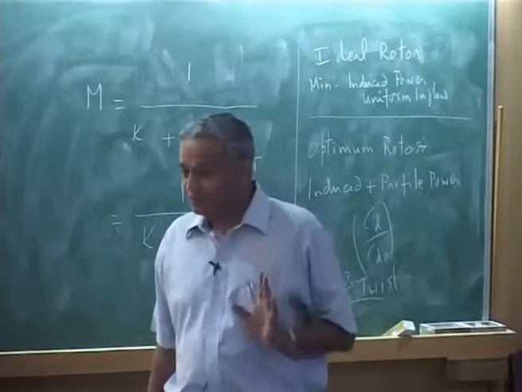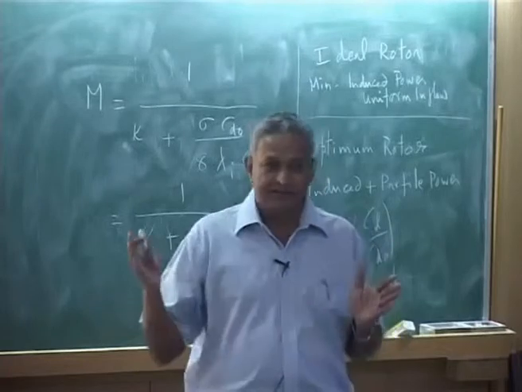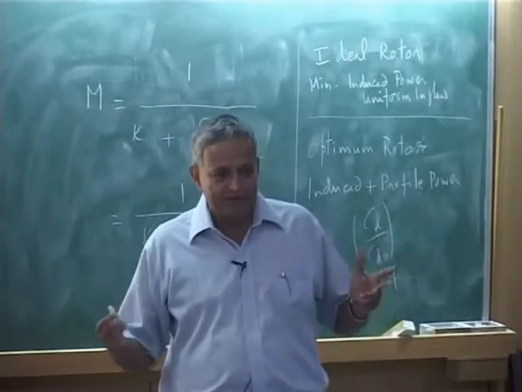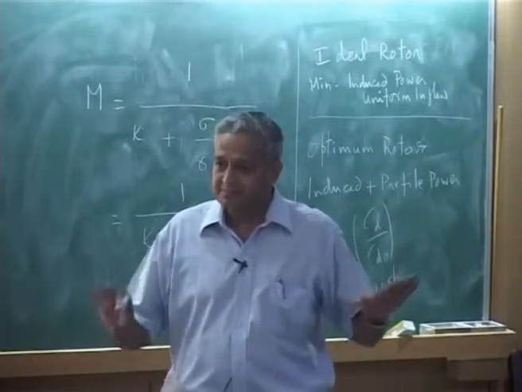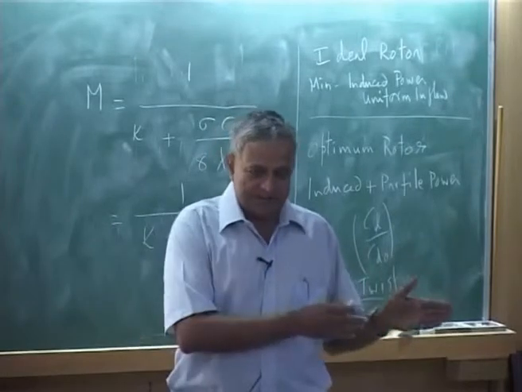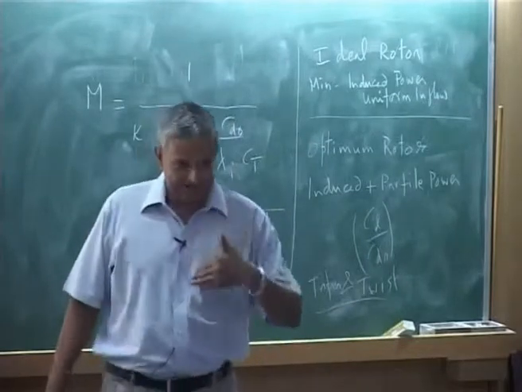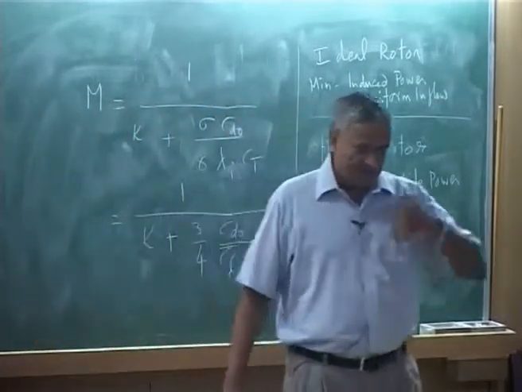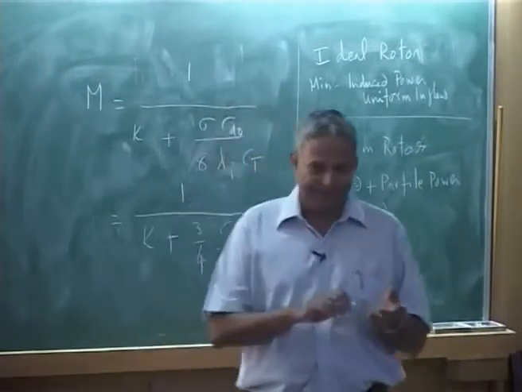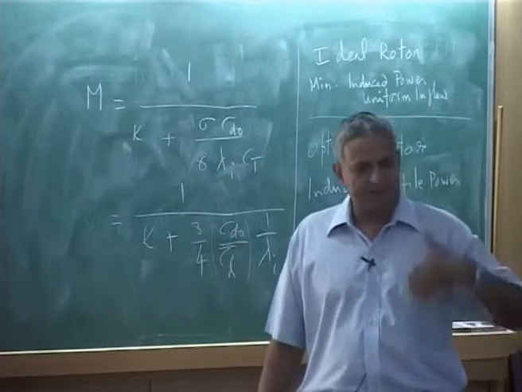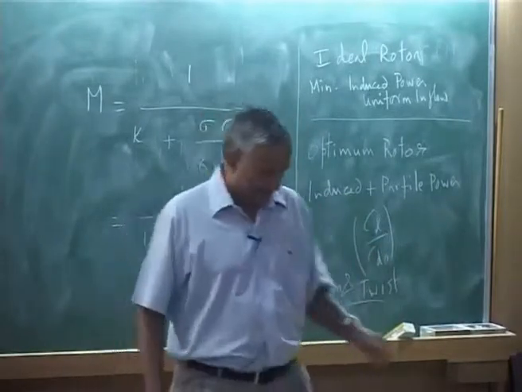When you get all those plots, you will know what effect the twist really has. For uniform inflow we want ideal twist, and you will see what is the pitch angle at various sections. I want that as a graph, because you have to write a small computer code, since you can't do hand calculation every time. Write a small code, generate the results, and plot them for a given rotor system.